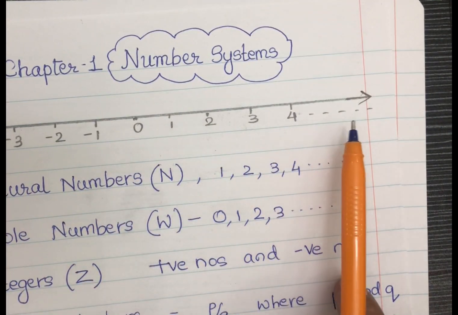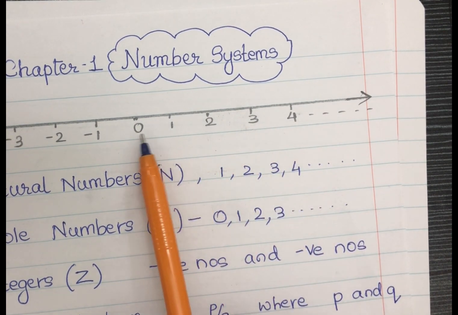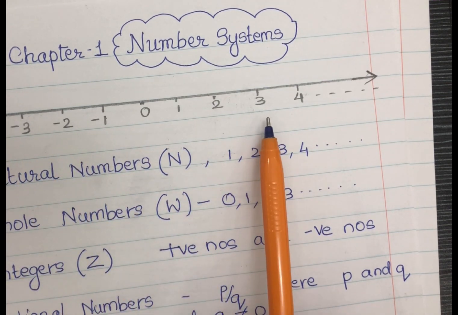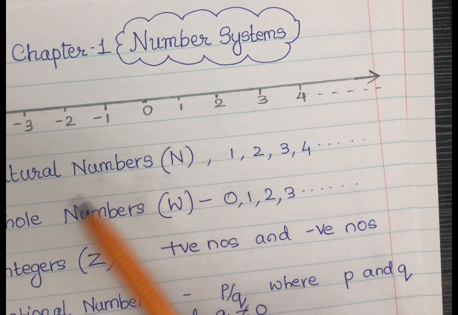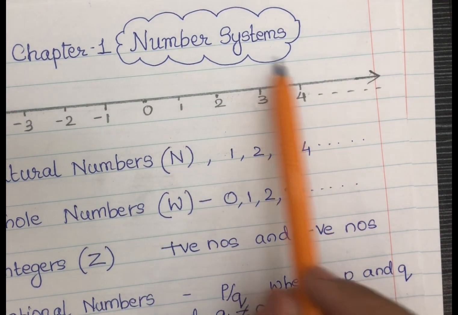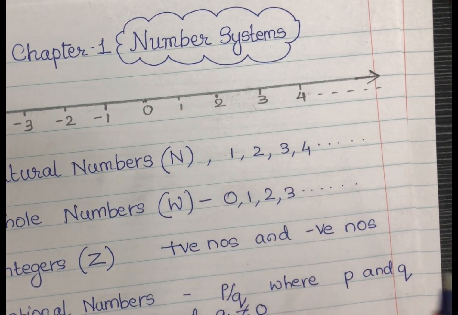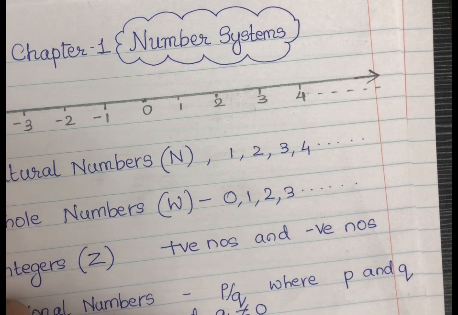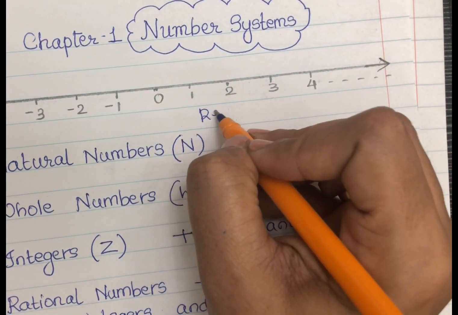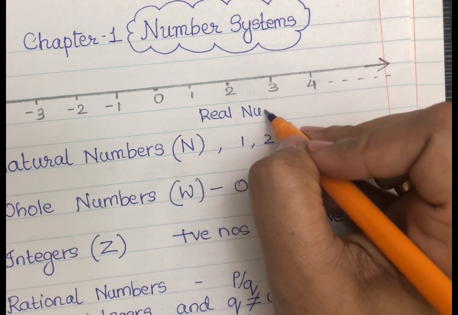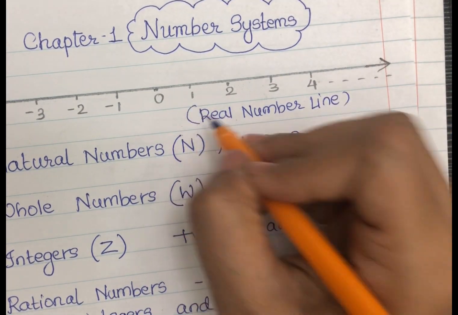In the number line we have completed all the numbers. That is, we have the natural number, we have the whole number, we have the integers and also fractions, that is the rational numbers, and then we have the irrational numbers. So we have the whole set of numbers in the number line, and that is called real numbers. So the number line is actually called real number line. Okay.